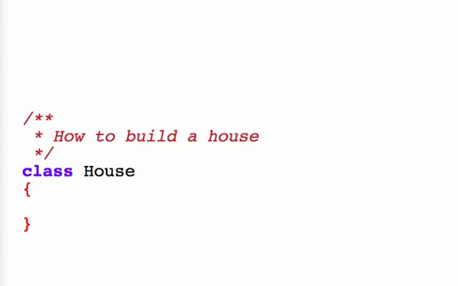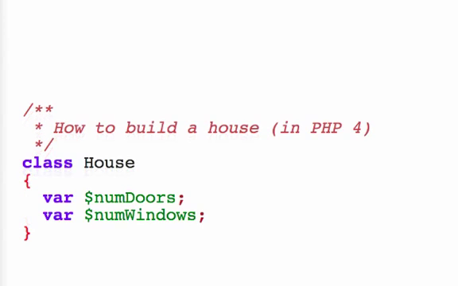This is how you build a house. This is a class. It's a blueprint for a house, and we haven't said anything about it at this point other than it's a house. So here's how we're going to build a house in PHP 4. As we start doing var this, we say, okay, how many doors and how many windows? And there's no such concept, for those of you familiar with object-oriented programming, of things like public and private and protected, which we'll get into in a moment.